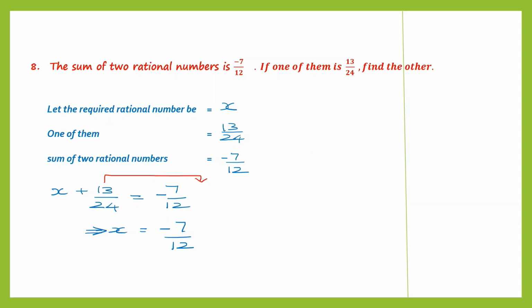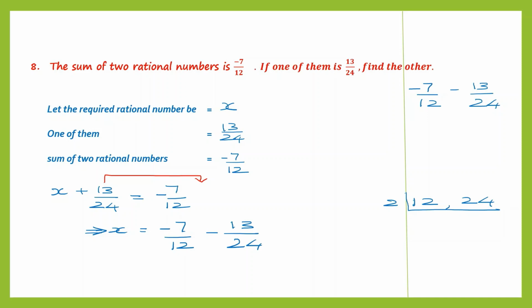So here it's going to be minus 13 by 24. Now let's work this out in the working column, that is minus 7 by 12 minus 13 by 24. As you can see, denominators are different, so we need to find the LCM of the denominators 12 and 24. So let's begin with 2.